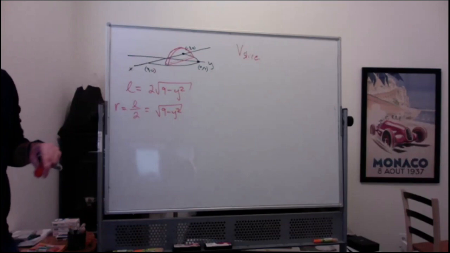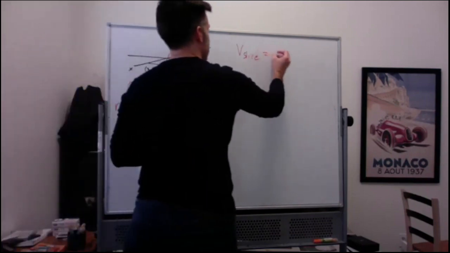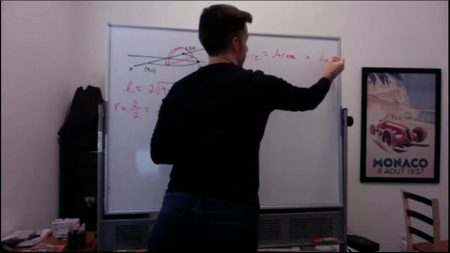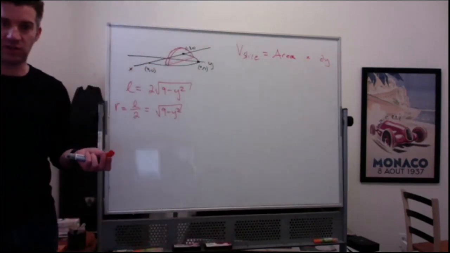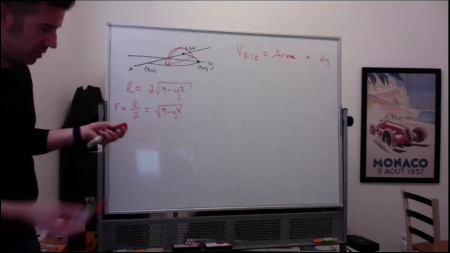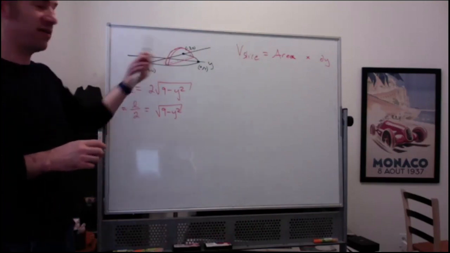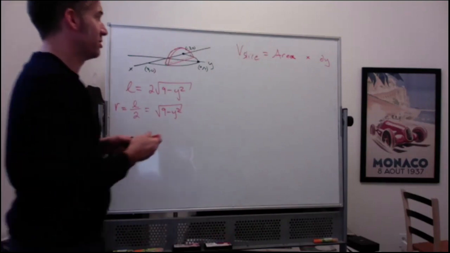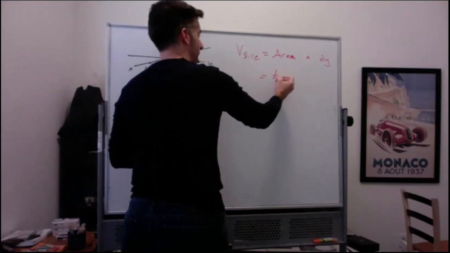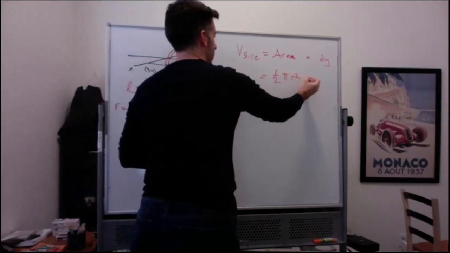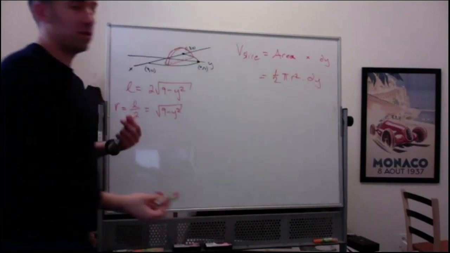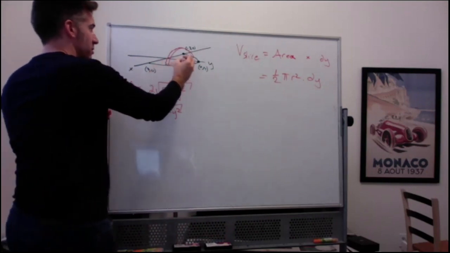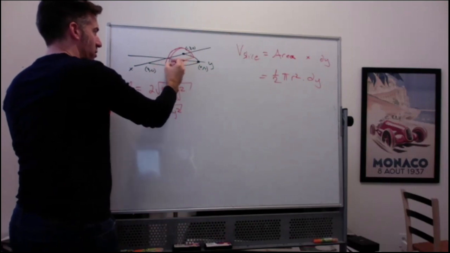So the volume of that is area times the thickness. The thickness is just dy, or d whatever you happen to be using in the problem. And the area is the area of a semicircle, which is half the area of a circle. So it's going to be 1/2 pi r squared times dy, where the radius is from here to here.